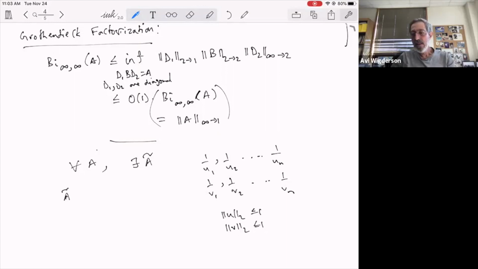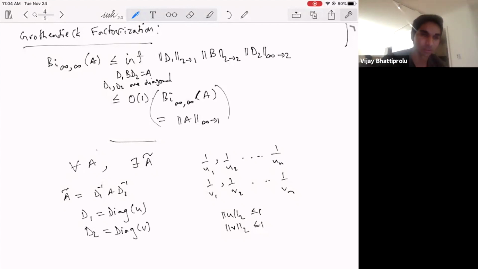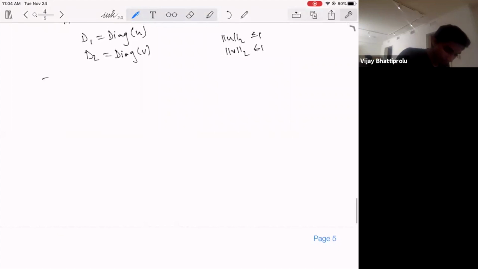So A tilde is D1 inverse A D2 inverse. D1 is diag of U, D2 is diag of V. That is the diagonal matrix with U and V on the diagonal.